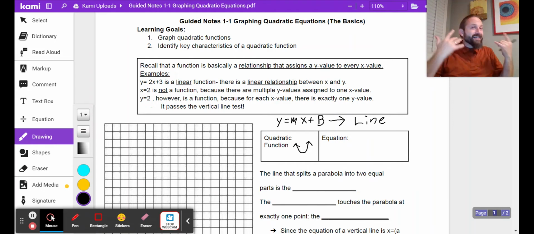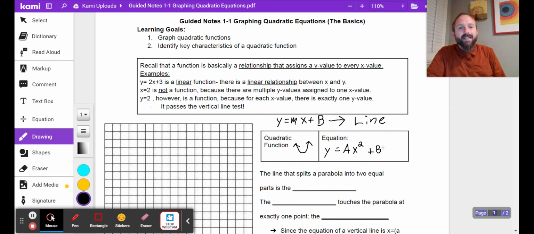Now, what is this standard form? It's not y equals mx plus b. It's going to be y is equal to ax squared plus bx plus c. So just like the linear equation, these are functions as long as we're not doing any funky things with it.